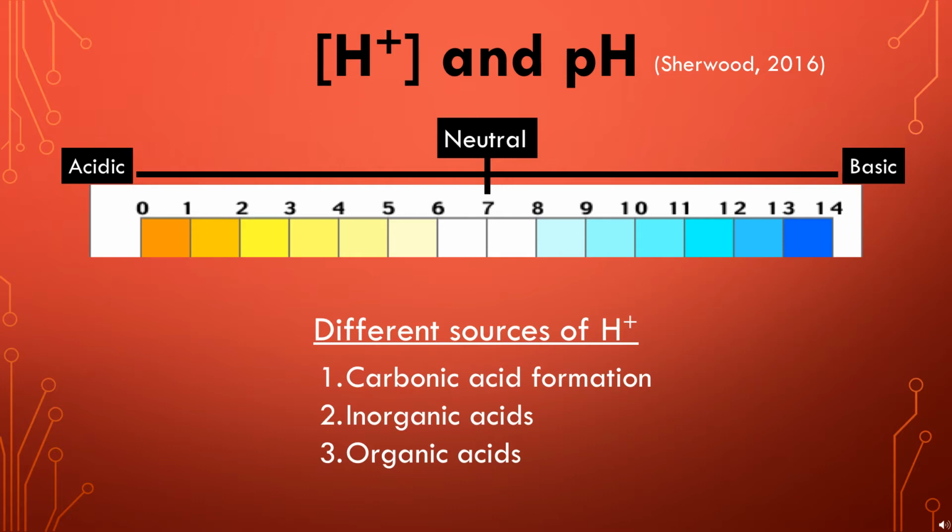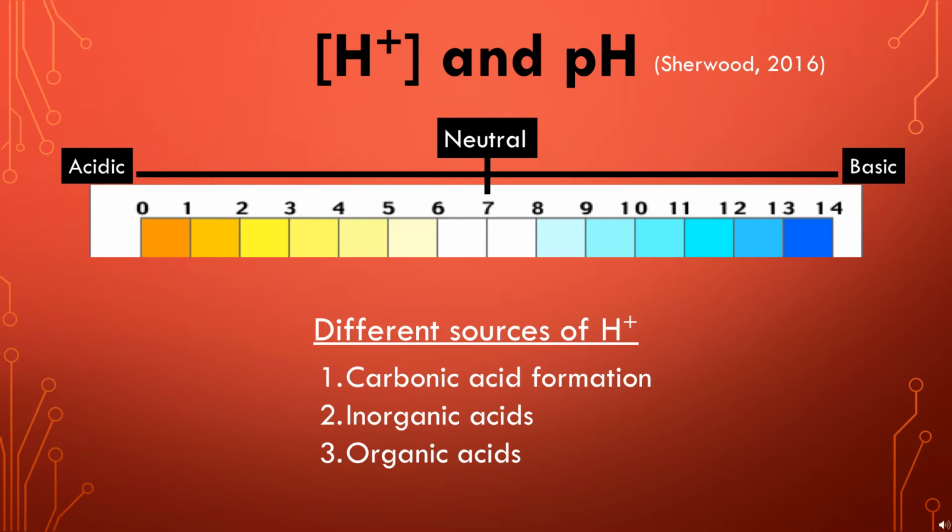Free hydrogen ions are also formed from acids. Most meat contains a large amount of sulfur and phosphorus. When those nutrient molecules are broken down, 2 of the strongest inorganic acids form as byproducts.